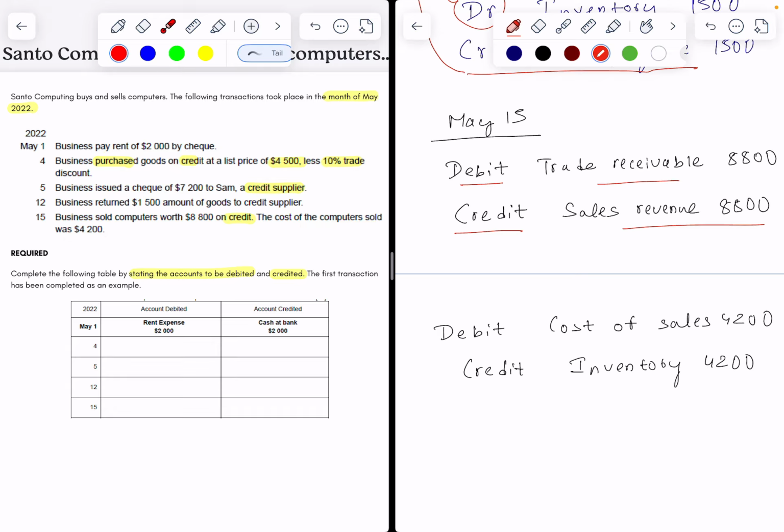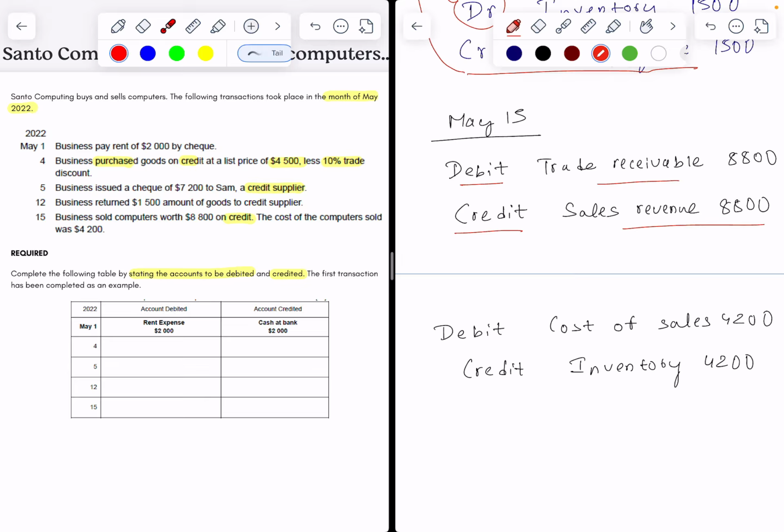So $4,200 is the amount Santo paid to bring this inventory into the business originally and in the past. So in the past, Santo went to his supplier and he was like, hey, I'll give you $4,200 for this batch of inventory. And Santo bought those inventory for $4,200, which today he's selling to his customers at a markup and at a profit for an amount of $8,800.